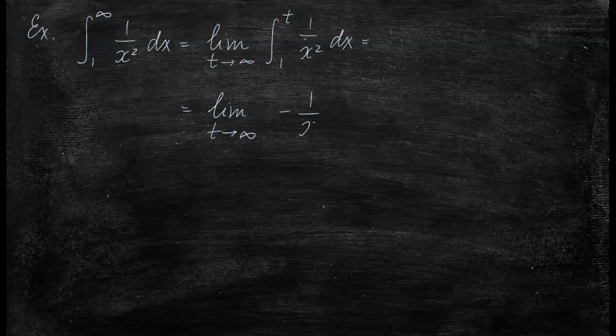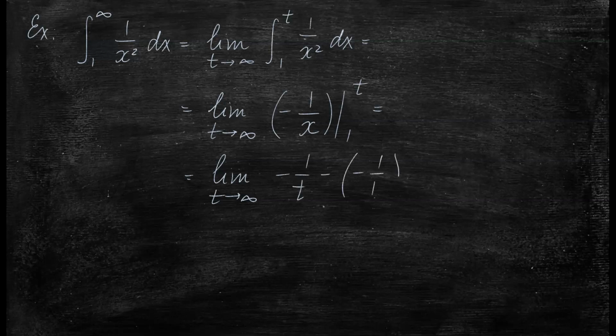It's negative 1 over x. Now we evaluate it from 1 to t, and we have the limit as t goes to infinity of negative 1 over t minus negative 1 over 1, and this is equal to the limit as t goes to infinity of negative 1 over t plus 1, and this limit is equal to 1. So this improper integral converges to 1.